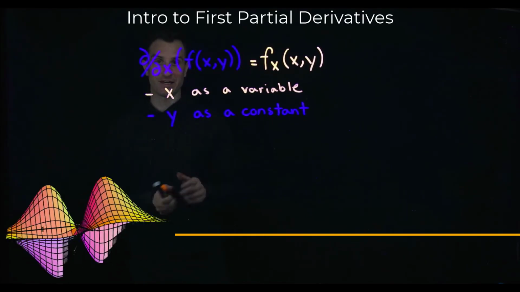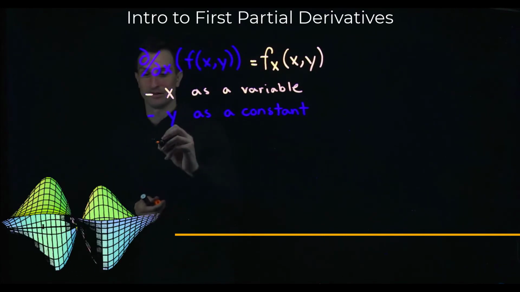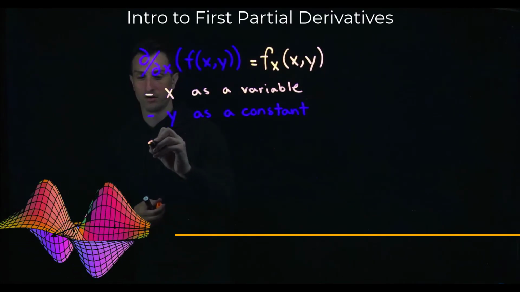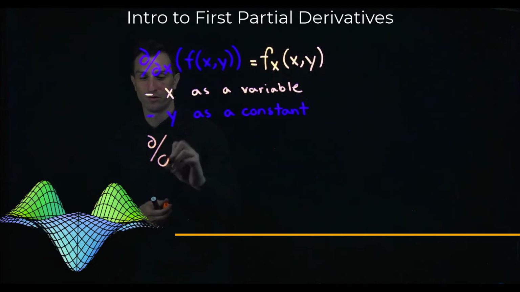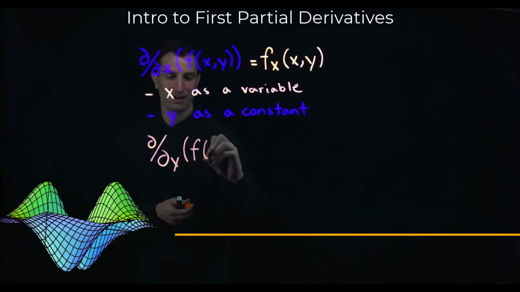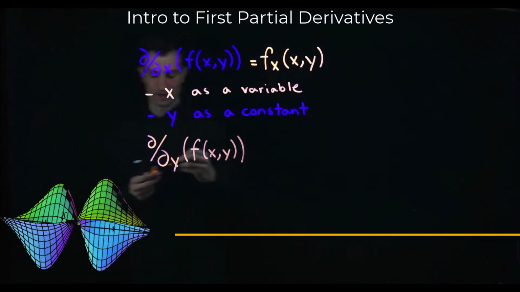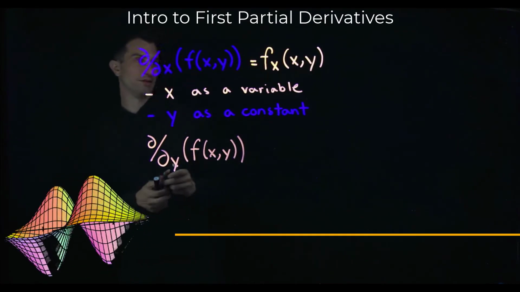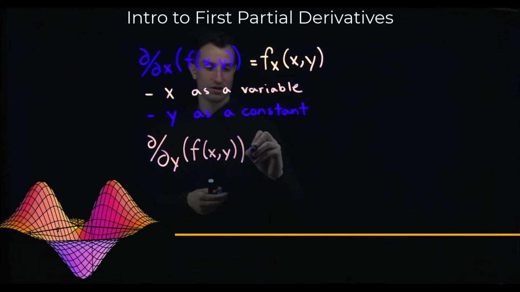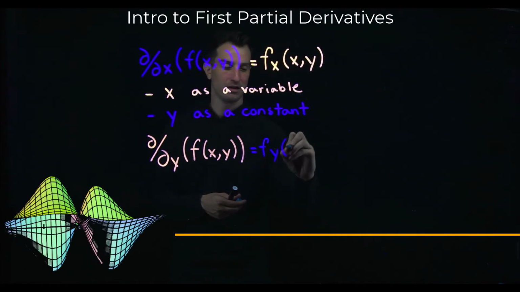Same thing for the partial with respect to y. We have the partial with respect to y of f of x, y, and this is equal to the other notation, f sub y of x comma y.